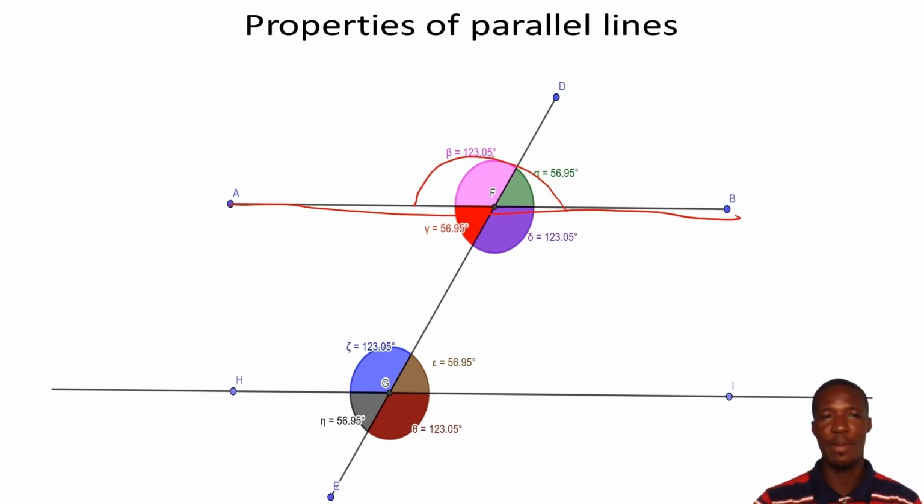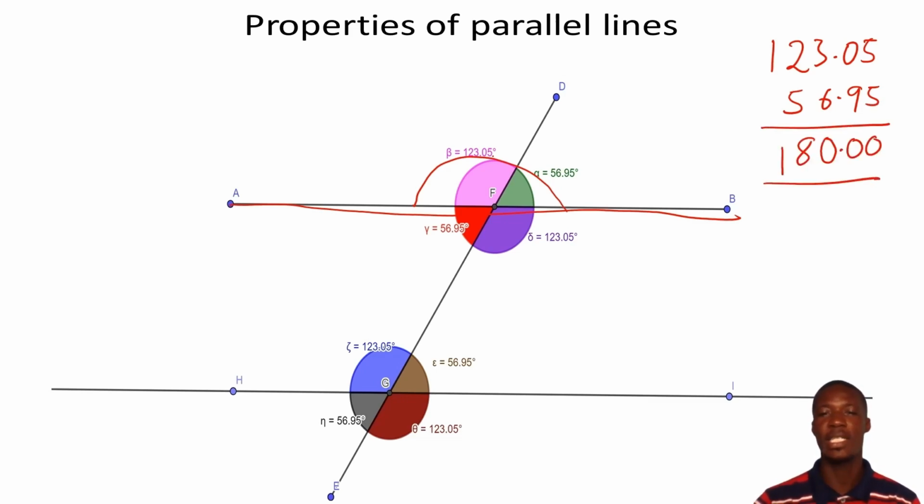Now let's add them and see. 123.05, we are adding it to 56.95. So when we add these two angles on a straight line, we get 180 degrees.